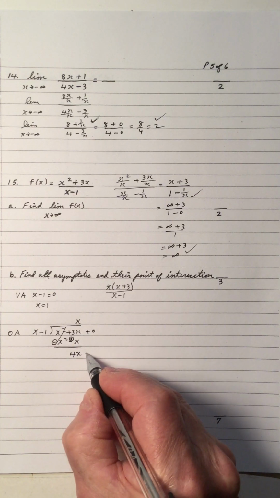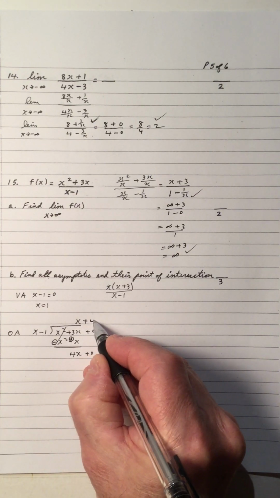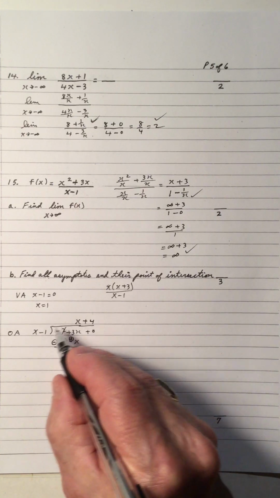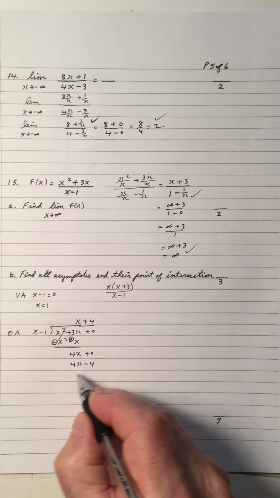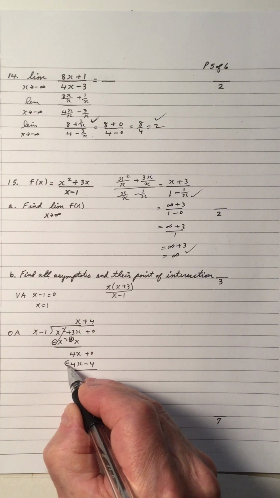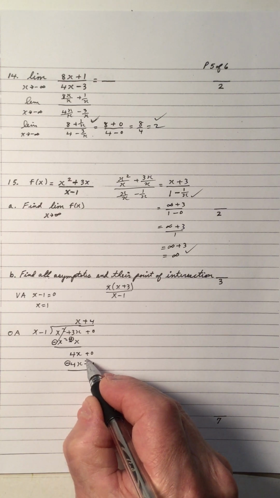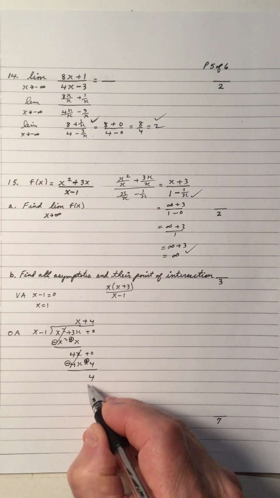In descending order, we bring down the 0. x into 4x is positive 4. Multiply back, 4x. Multiply back, negative 4. We're subtracting, so we make the positive a negative and the negative a positive. So they cancel, and that's 4.